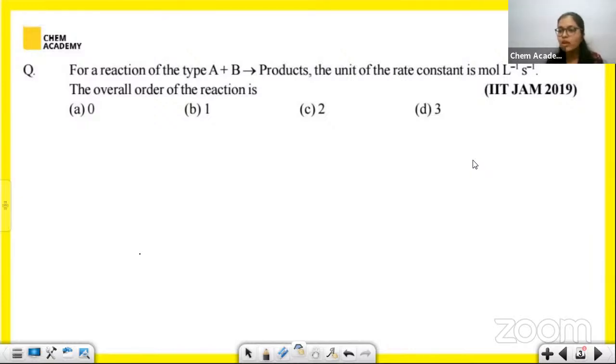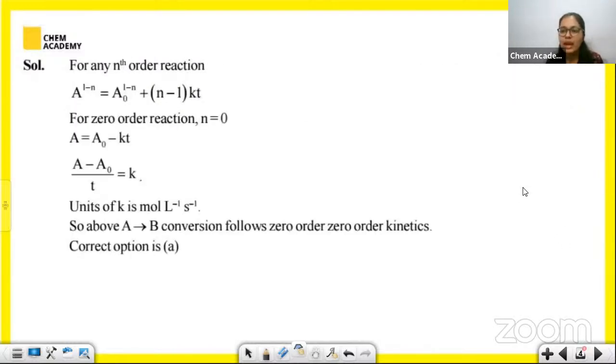So let us have a look. How do we do that? So we know that the integrated rate equation for nth order is this. I'll show you the more simplified version of this equation.